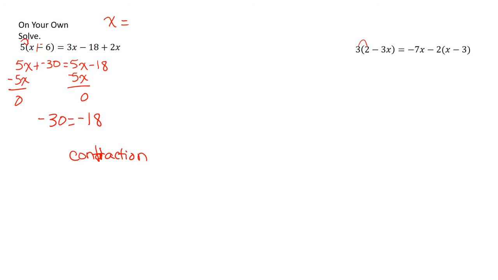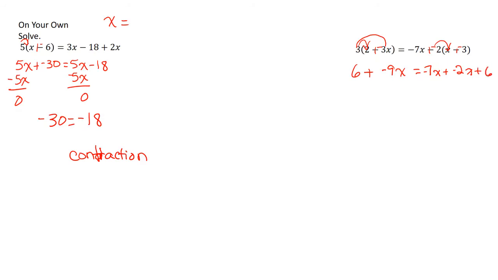Okay. All right, let's try the next one. Let's go ahead and distribute this. 3 times 2 is 6 plus a negative 3 times negative 3 is a negative 9x equals, okay, let's see, let's distribute this. We have a negative 7x plus a negative 2x. We distribute that, plus a positive 6.